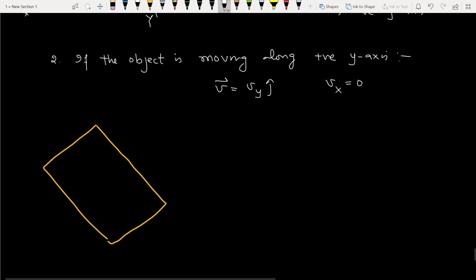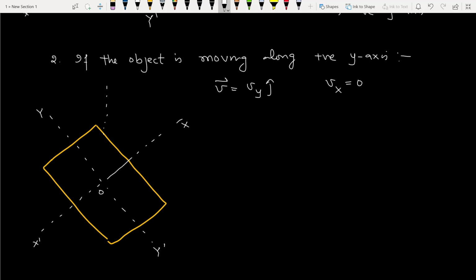These are the various axes: x-axis, y-axis, z-axis. The object is supposed to be moving along the positive y-axis.